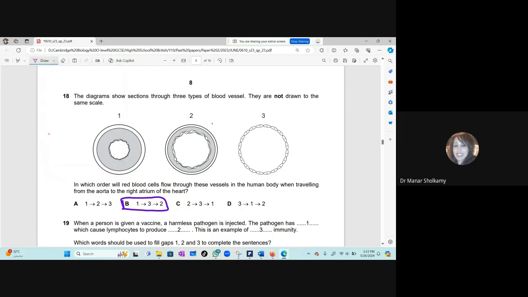Because the blood is going to first flow through the arteries, which have a narrow lumen. Perfect. And then they're going to branch into arterioles, and then become capillaries. Excellent. And then the last thing, they will be connected into?